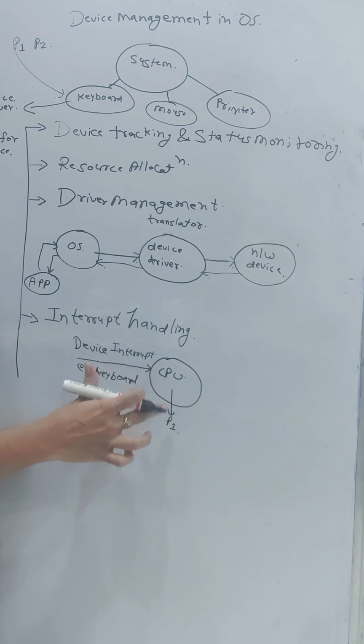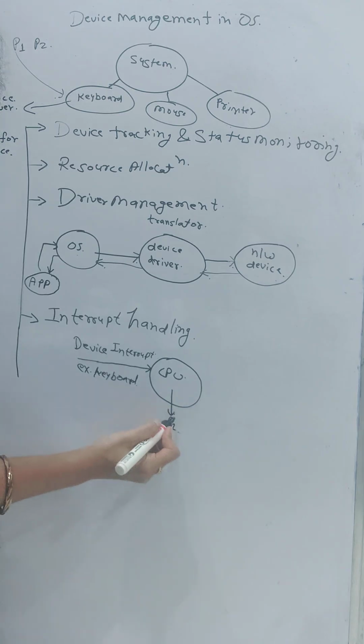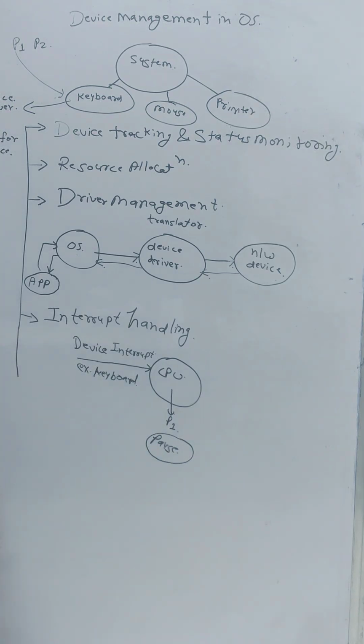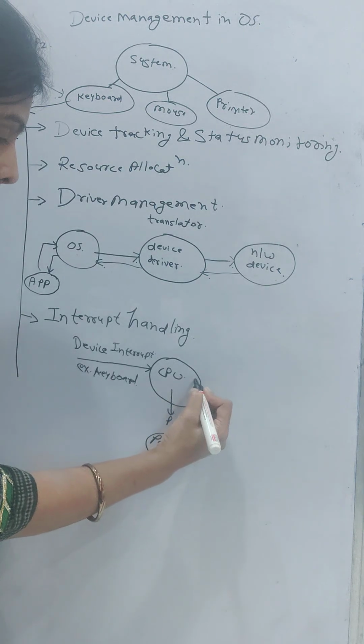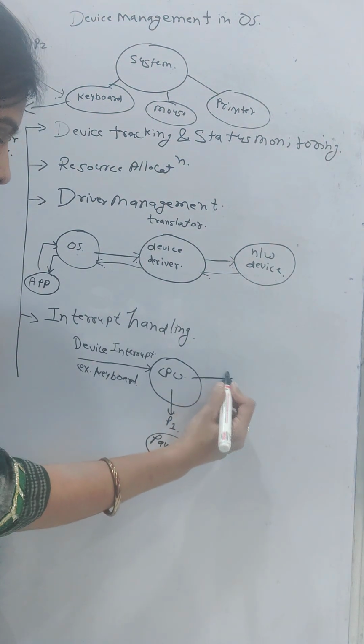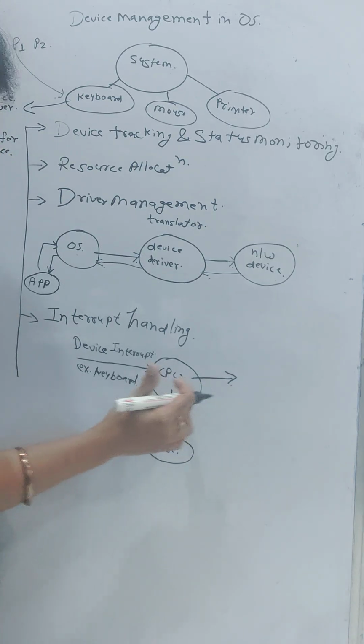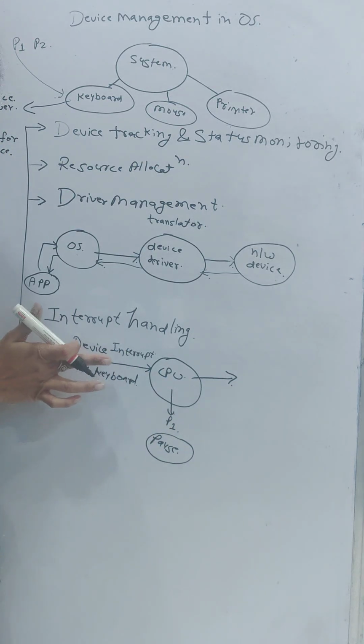So what will the CPU do? The CPU will move process P1 into the pause state. Now the CPU, with the help of the operating system, will understand which device this interrupt is from.